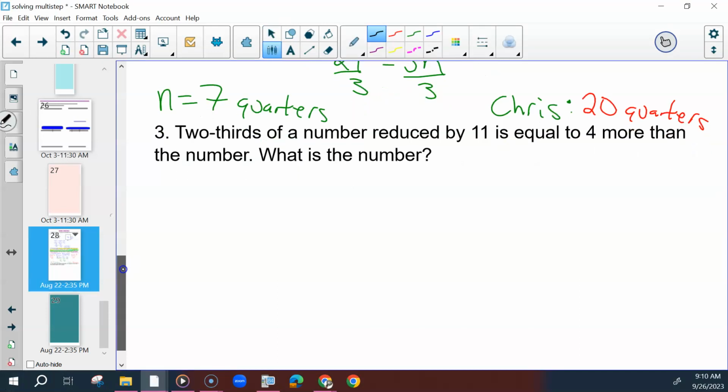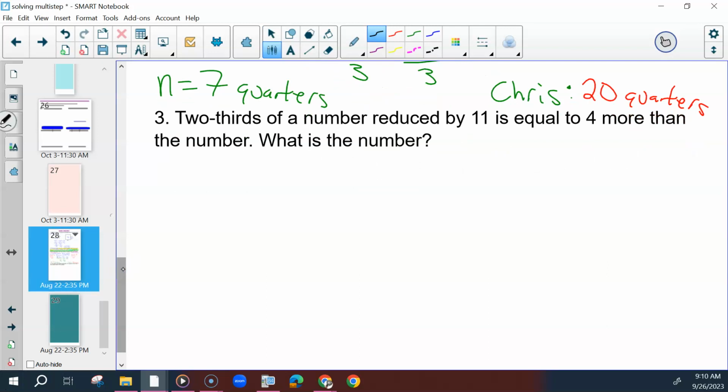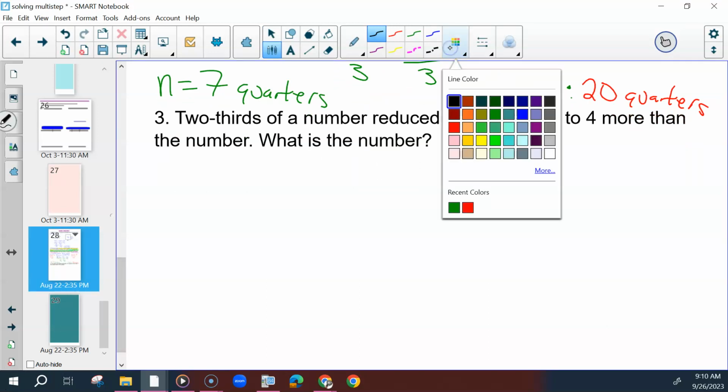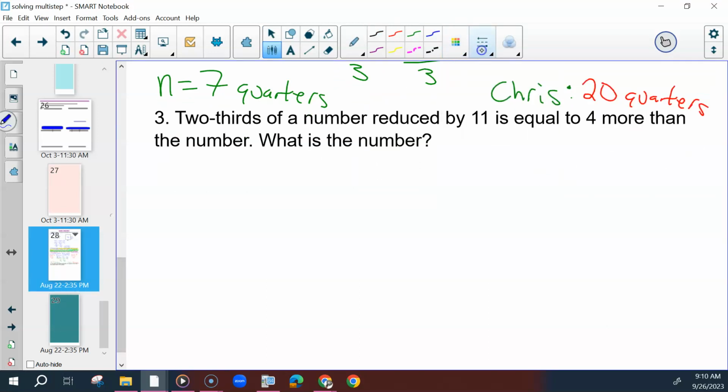Okay. I will set up the equation, and then if anyone wants to come solve it, you can do that. So 2/3 of a number, let's say our number is x, so it should be multiplied, reduced by 11, subtract 11, is equal to 4 more than the number. Anyone want to come solve this?